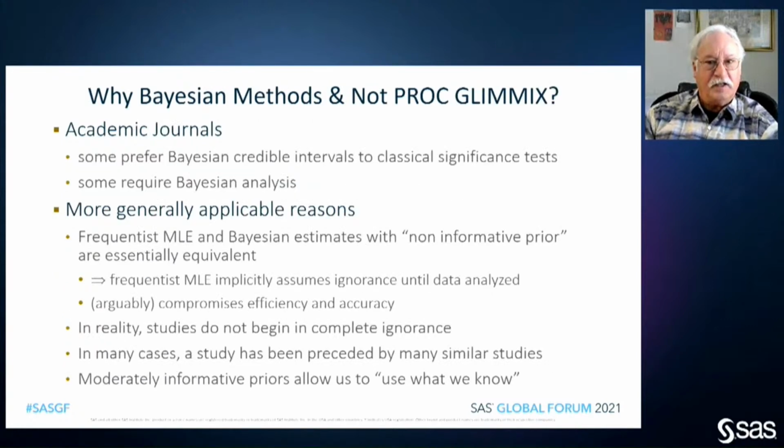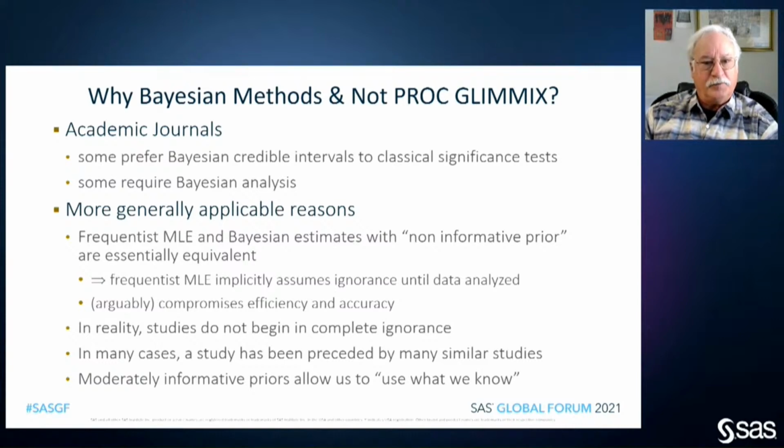So with that said, a little discussion of why we should use Bayesian methods and not be content with PROC GLIMMIX. There are a couple of reasons for this. One of them is that there are an increasing number of academic journals that prefer Bayesian credible intervals to classical significance tests. Some of these journals are actually requiring a Bayesian analysis, or at least forbidding the classical significance tests.